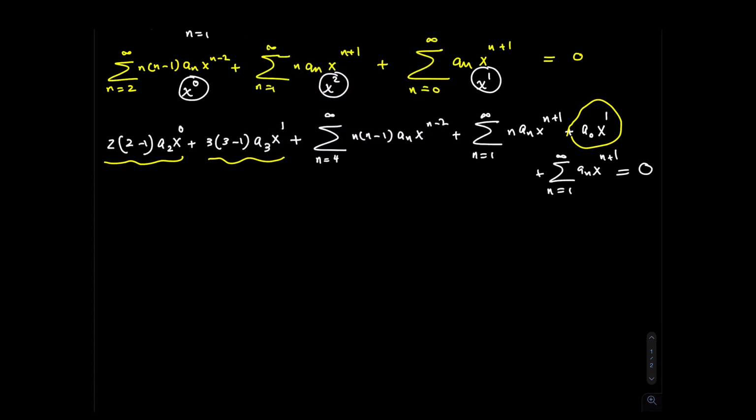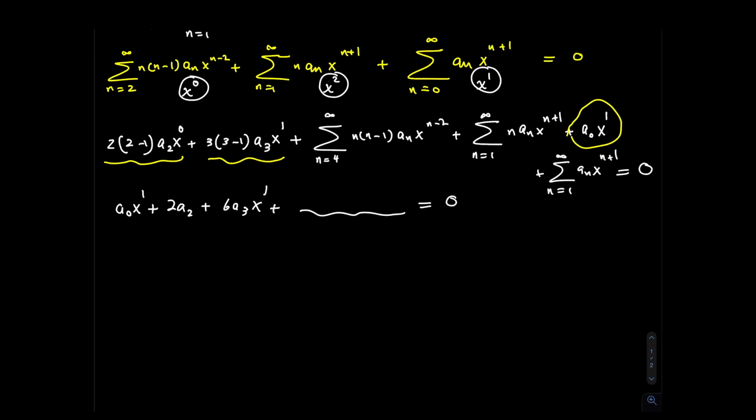So let's start with a naught x to the power of 1 plus 2 minus 1 is 1, 2, so you get 2a2, and x to the power of 0 is 1, plus 3 times 3 minus 1 is 2, 6a3 x to the power of 1, plus, and I'm not going to write this because I want to still work with that side, plus the 3 power series equal to 0.